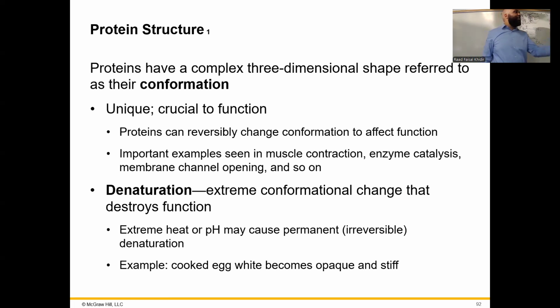But if you apply temperature, they're going to separate. The temperature is going to denature the bonding. It's an extreme conformational change that destroys the function. That's why in sickle cell anemia, we denature hemoglobin due to the deformation of the red blood cell.